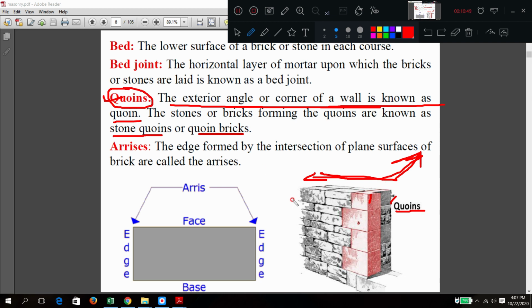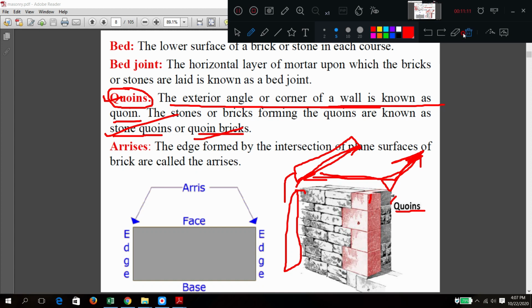Beginning maybe, end maybe. That side of the wall may go like this, so this portion is also called a quoin. So quoin is nothing but the last portion or first portion. The materials are called quoin bricks, quoin stones.